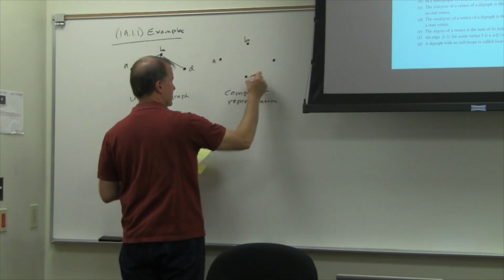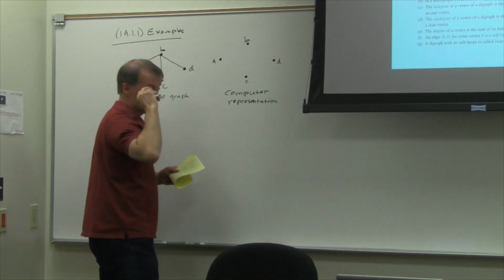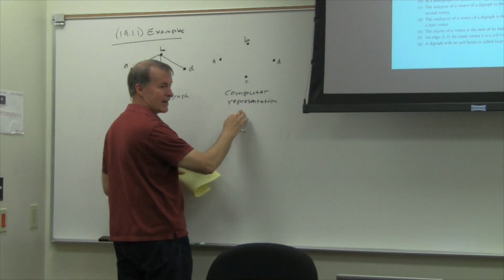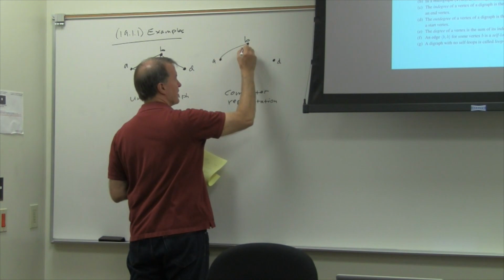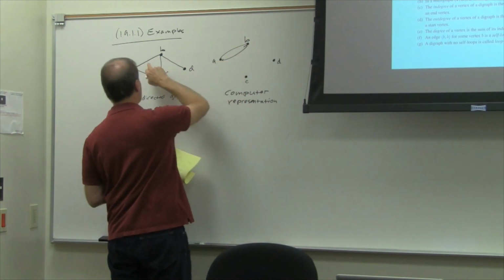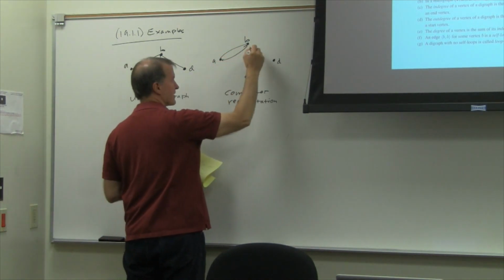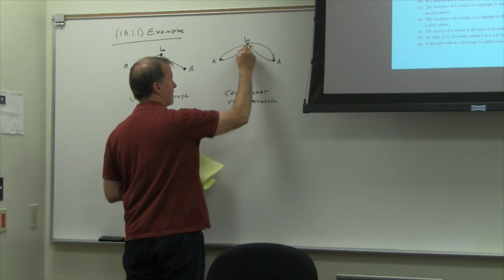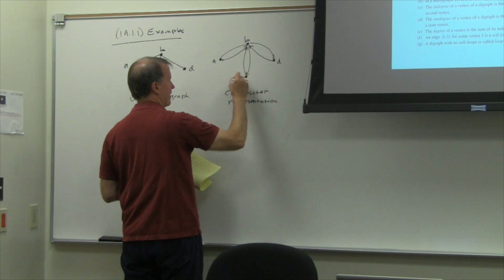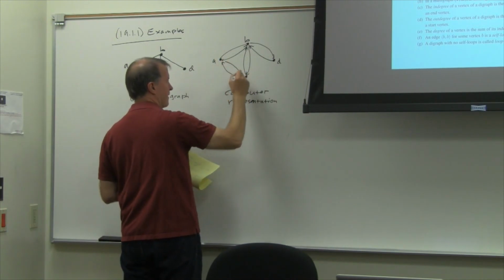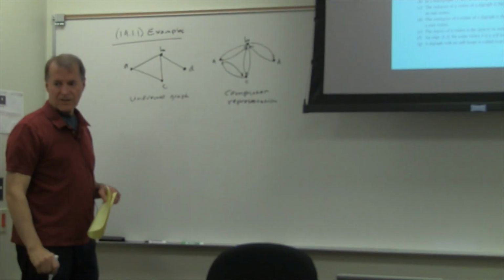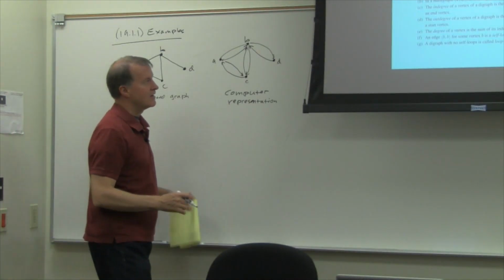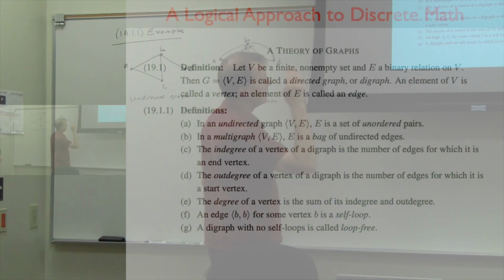This is A, B, C, D. Normally, inside a computer, all graphs are digraphs. And so to represent an undirected graph, everywhere there's one of these edges, you would actually store it inside the computer like this. See what I mean? So that's just a practical point.